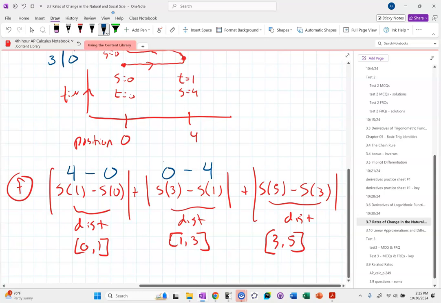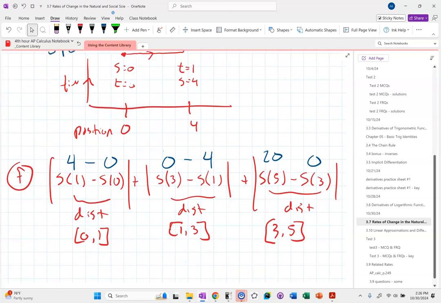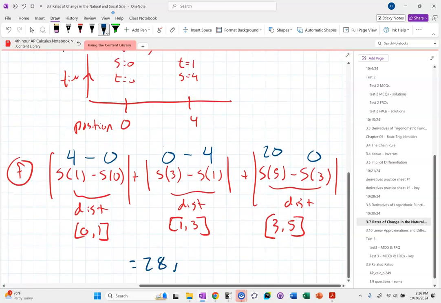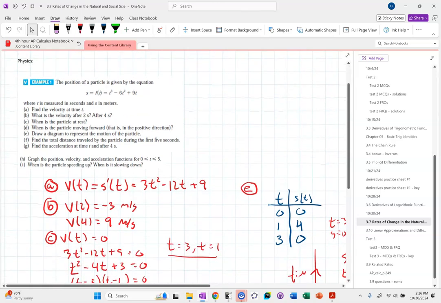That was 4. That's 0. And then whatever S of 5 is, turns out that's 20. Everybody's okay that I just plugged that in and got the number? So if I do that, what do we got? 28 meters, right?